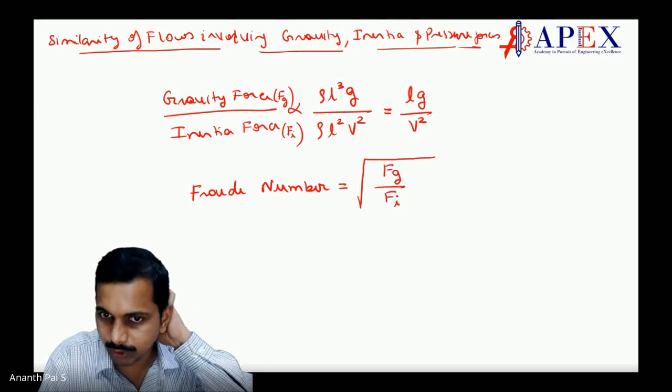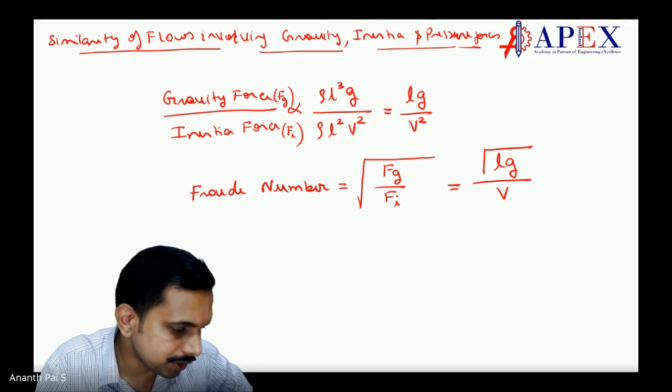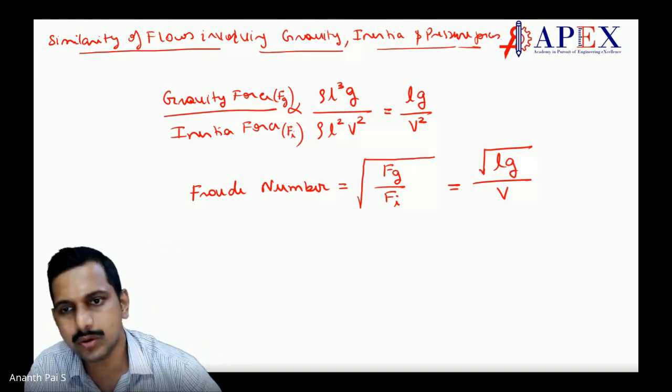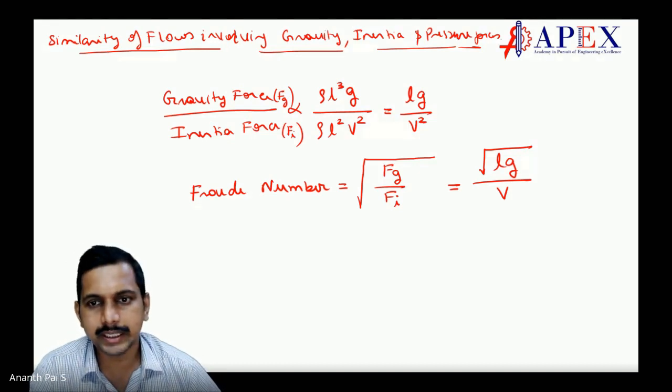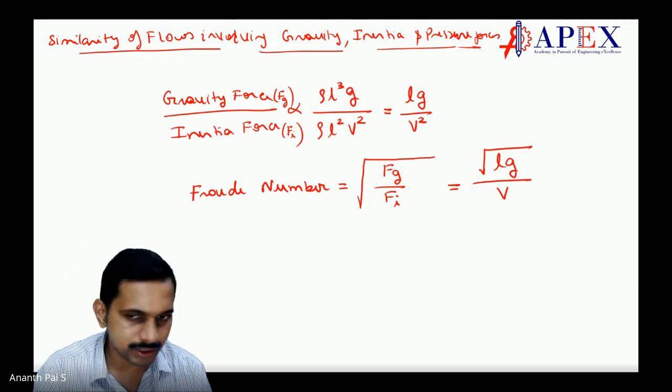Very important to remember this. So it is the square root of Lg divided by V square. The square root you should not miss, students. If they ask the Froude number, do not put this directly. It is with the square root that is taken. Very important to understand that.